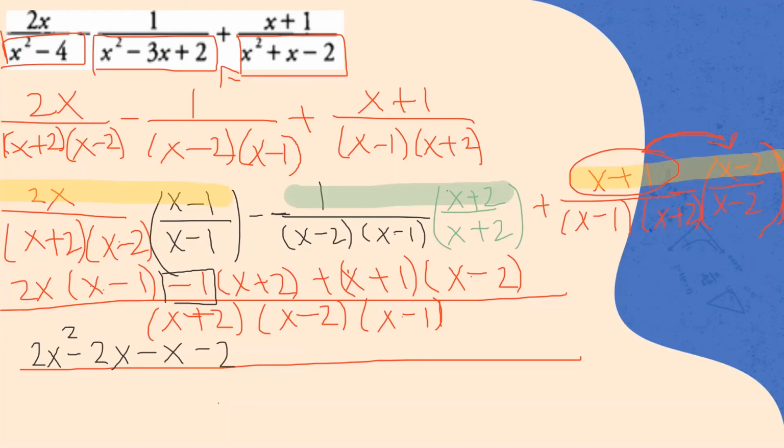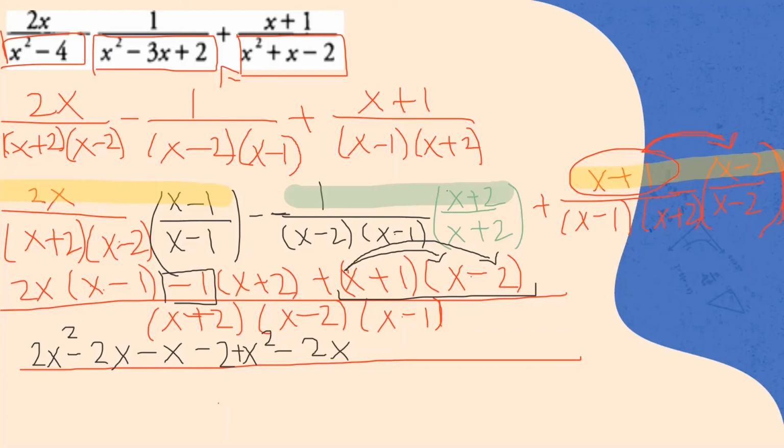And in this one, the last part right in here, you kind of have to do FOIL. So you have to multiply x times x, and then you have to multiply x times -2. So x times x gives me x squared, right? And x times -2 gives me -2x.